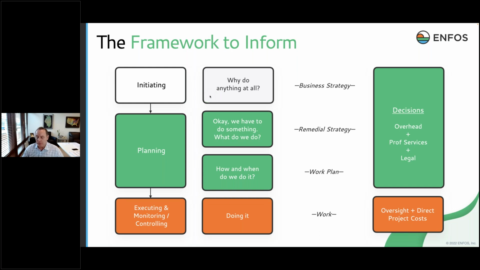Why does the remediation program exist in the organization to begin with? Well, those are primarily external factors. They're environmental regulations, they're reporting and disclosure requirements that we have, particularly if you're a publicly traded company. We have a standard of care within our organization. We have social responsibility. This is why something is being done.